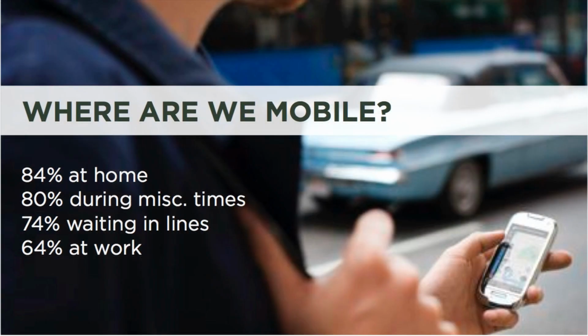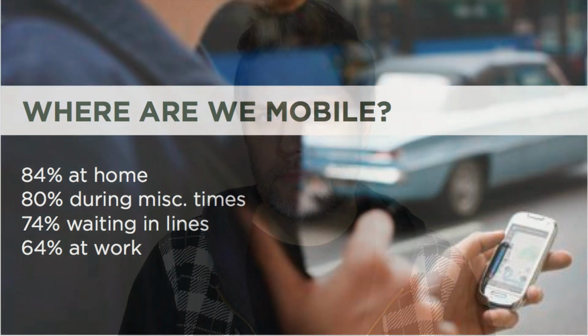And the reason why we think about mobile first as a more appropriate approach for creating screens is because we're mobile everywhere. 84% of the time we're at home on our mobile devices, 80% during miscellaneous time, 74% waiting in lines, and 64% we're mobile at work. Now, that doesn't mean every person who's at work is on their cell phone 64% of the time.